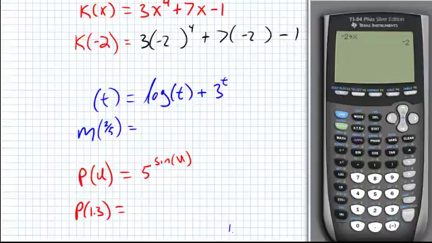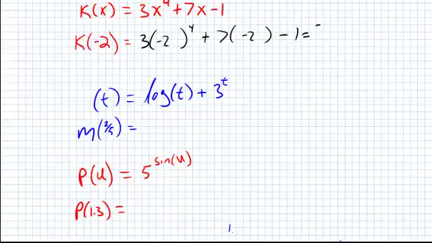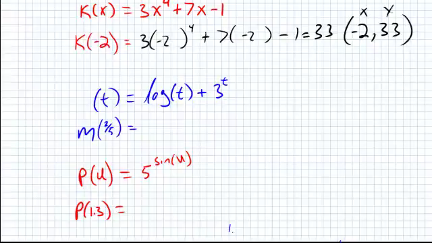Then I just type in 3x raised to the 4th plus 7x minus 1, which gives me 33. So remember, my ordered pair would be negative 2 comma 33. I want to make sure you keep track of this: this is my input, this is my output.